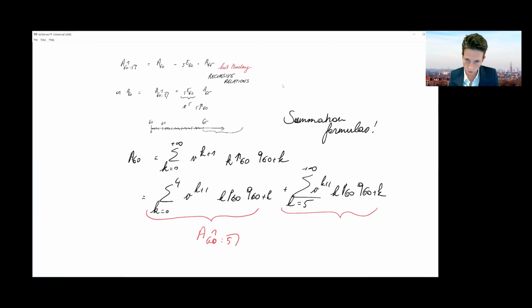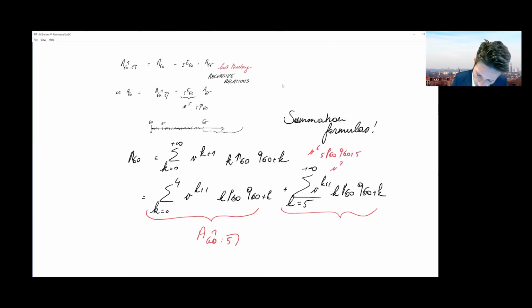Well, here I can see that all these terms in my expression have v to the power 5 and 5p60 in common. And how can you see that? Well, if you don't see it right away, just write it out in full. You've got v to the power 6 and then you've got 5p60 q60 plus 5. That will be the first term.